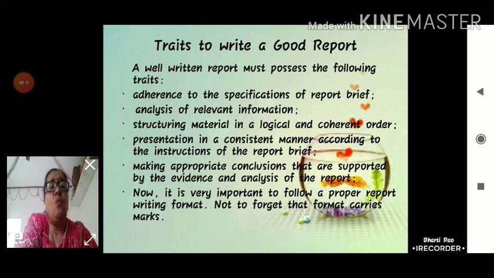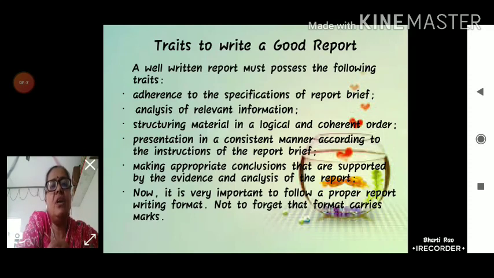Now, when you're writing a report, what is the main thing that you have to keep in mind? A well-written report must possess the following traits: adherence to the specification of the report, and brief analysis of the relevant information. Always remember, a report is not creative. It should not be made up of any imagination.